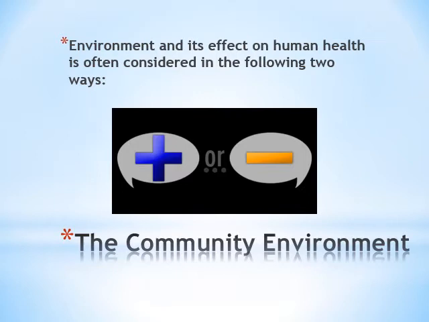Then another consideration is that positive and negative environmental influences on health can be interrelated. So an example of that would be lead exposure in a child from a home in which they live. Homes that have been built before 1978 often have lead-based paint, which when that breaks down creates lead chips and dust, which can be ingested by a child.